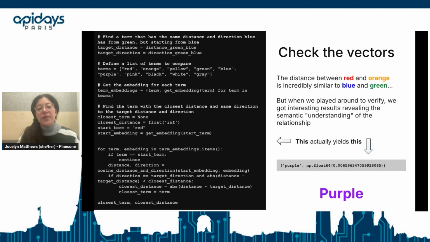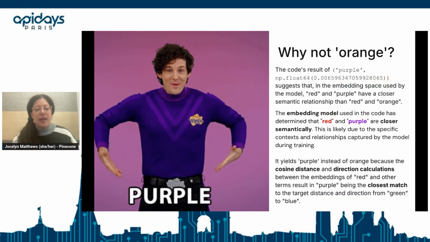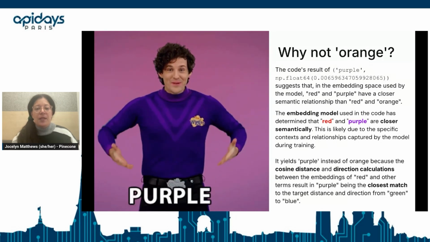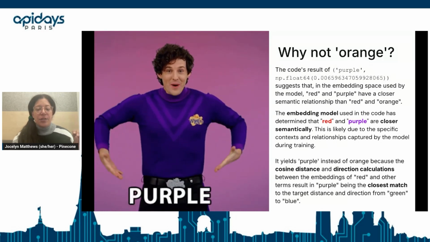What we found is that the distance between blue and green is incredibly similar to the distance between red and orange. But when we played around more, we found what's even closer to blue and green is the distance between red and purple. So why did we get purple and not orange? Red purple is closer to blue green than red orange is close to blue green, just to clarify what I'm saying.